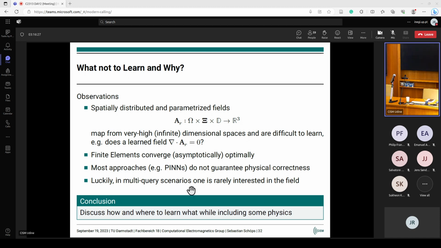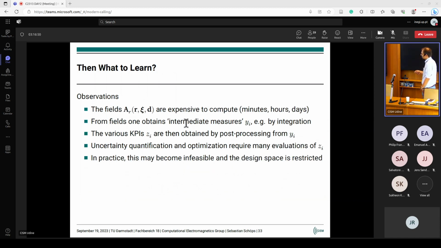That's the guiding thought that we had in our group. So we are not touching the fields. If you want to get field solutions faster, I think model reduction techniques make total sense. But learning techniques that require a lot of data to then extract those fields, I don't see it. Okay, so the fields are expensive to compute.